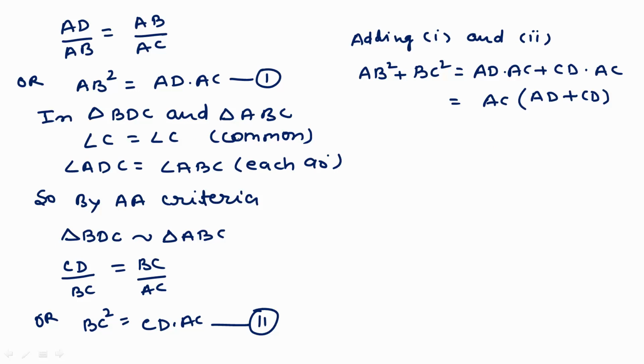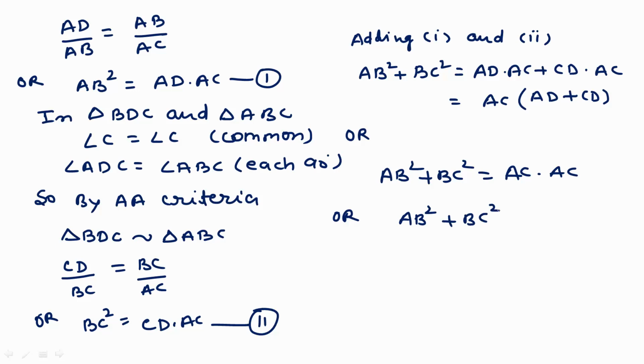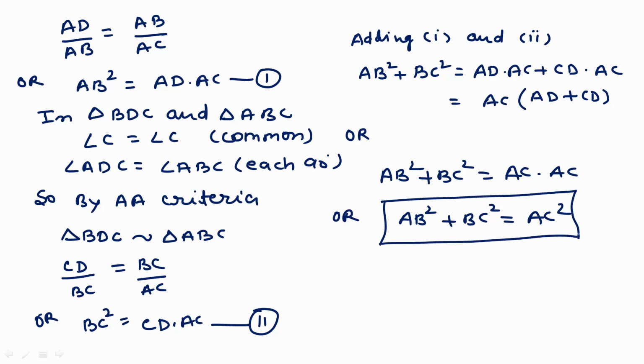So AB square plus BC square is equal to AC square. Means hypotenuse square is equal to perpendicular square plus base square.